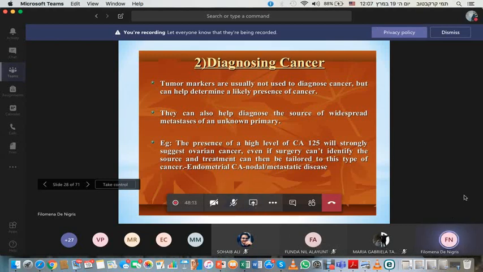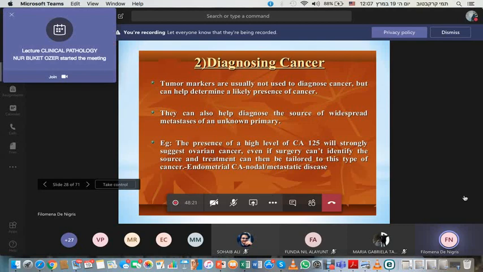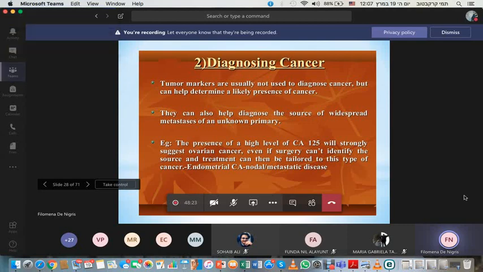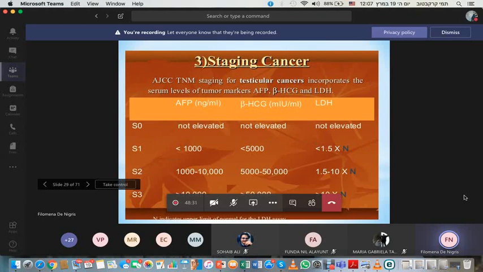Of course, some markers are better, such as a high level of CA125, which strongly suggests ovarian cancer. Again, as I told you before, some markers are not very specific, but can help. How?